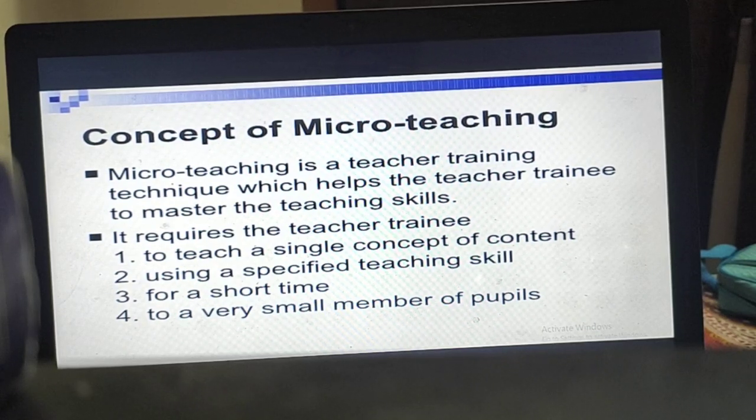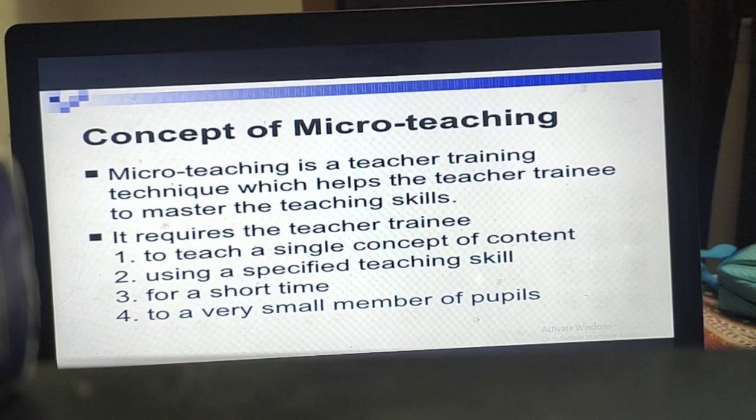It is not real classroom based teaching, it is a skill based teaching method. Through this teaching, the teacher can develop their skills before entering into the real classroom situation.